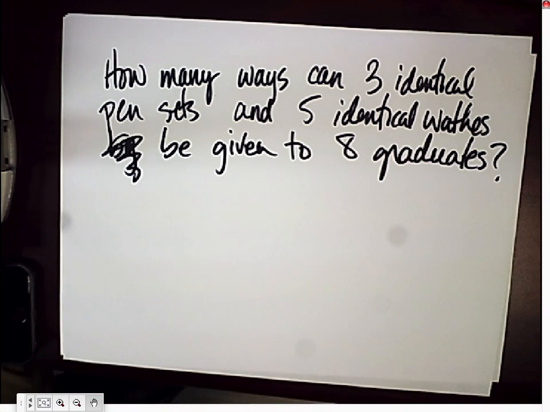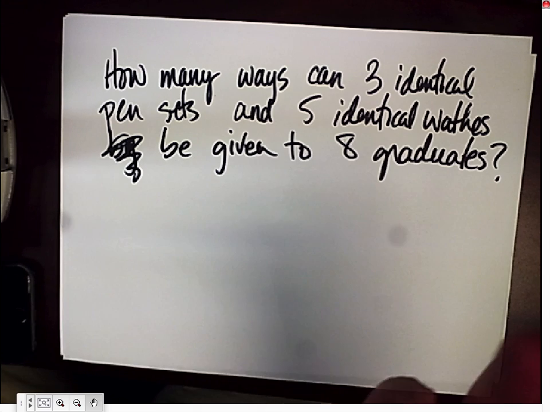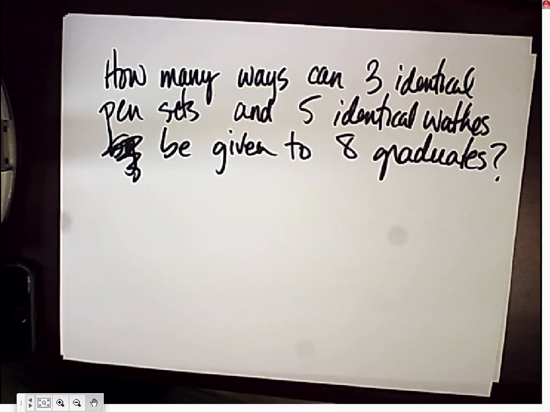Okay. Is this a permutation? Not really, even though this is in the permutation section, because it doesn't matter if you give out the watches first or the pens first. Okay, the order you give them out, what matters is what they're given, right?